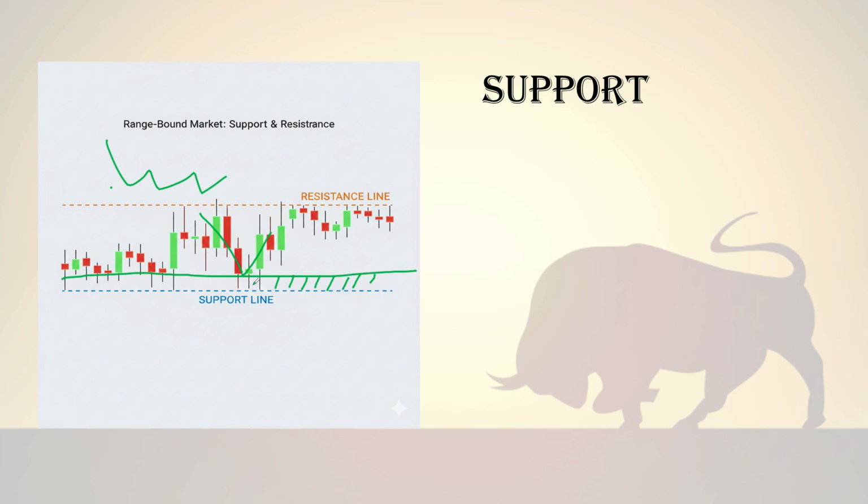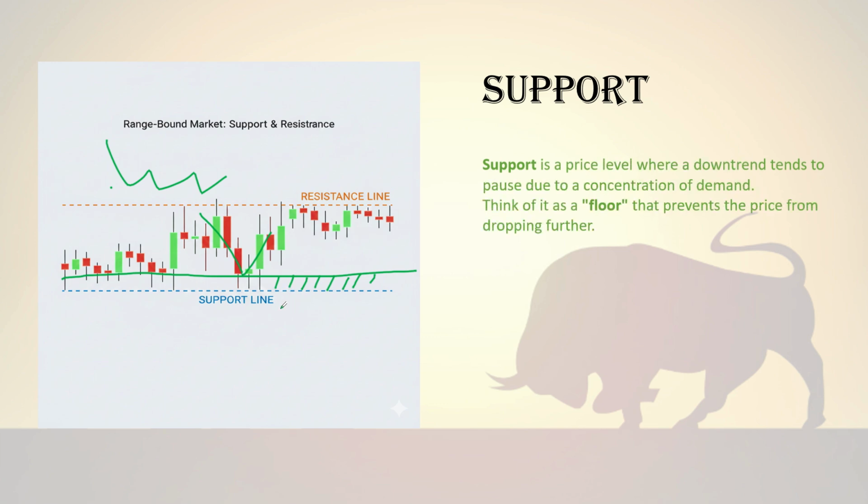If you are buying from this point, you place your SL below these points, right? This is the rough idea I'm giving. If you have any doubt, you can ask me at the end of the class, right? So what is the definition of support? So look, support is a price level, right?